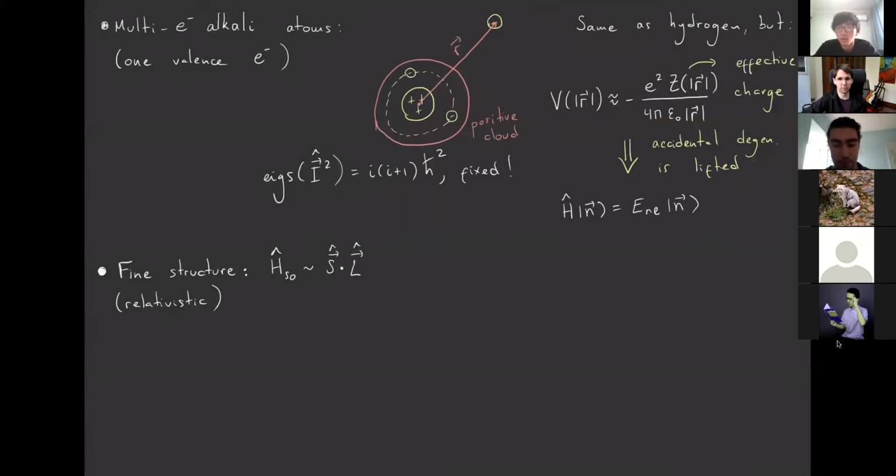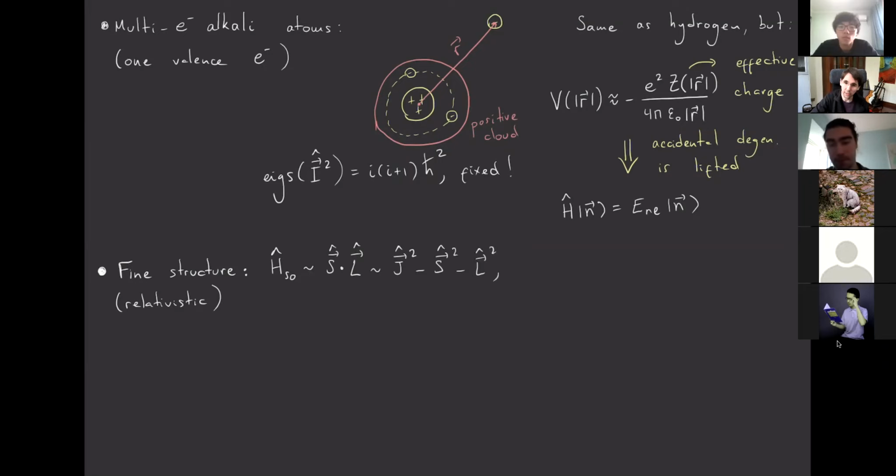angular momentum L, okay? And it's very easy to understand how this correction changes everything, because we can always write this product S·L as the total angular momentum of the electron. I will tell you in a second what it is exactly. So the square of that minus the spin square minus the orbital angular momentum square.